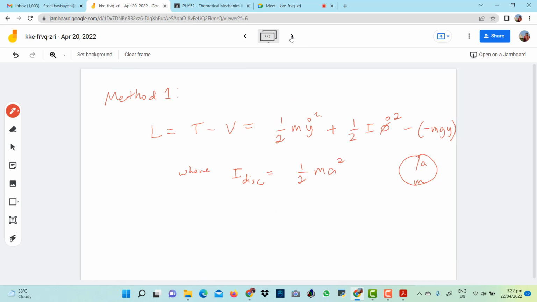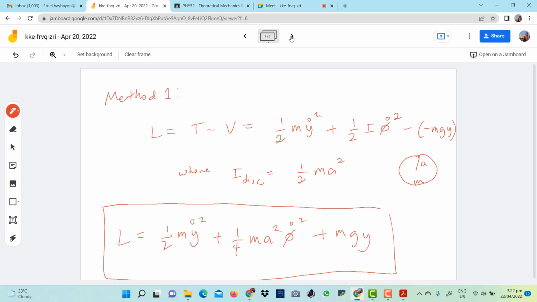So therefore, the Lagrangian now is just equal to 1/2 m y dot squared plus 1/4 m a squared phi dot squared plus mg times y. So this will be my Lagrangian.